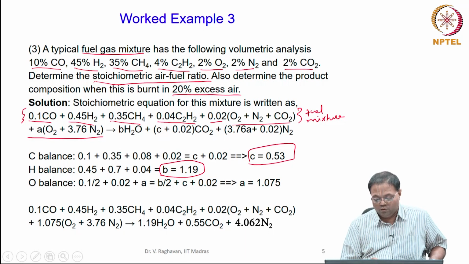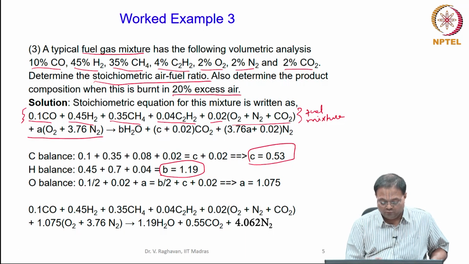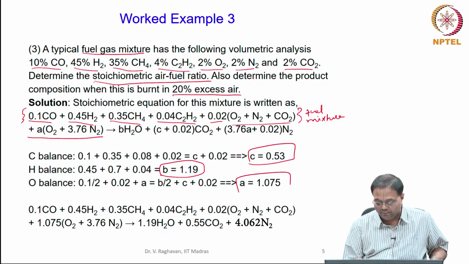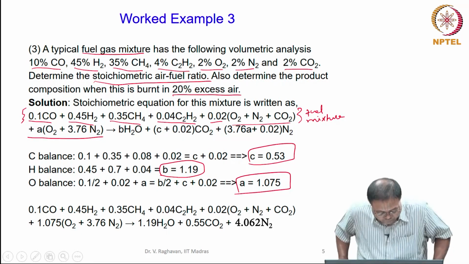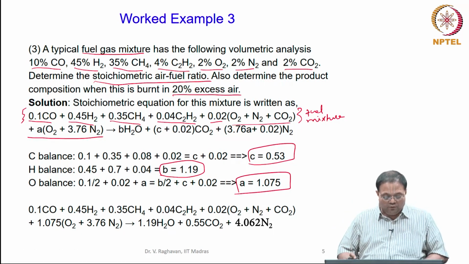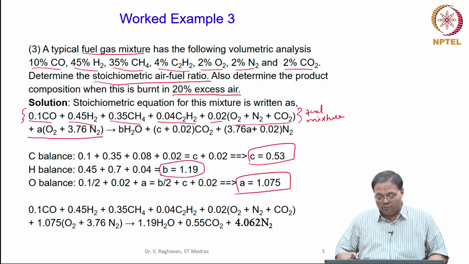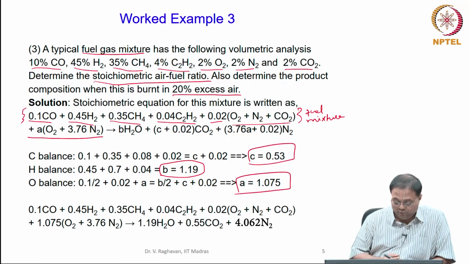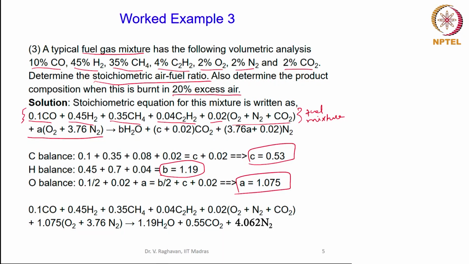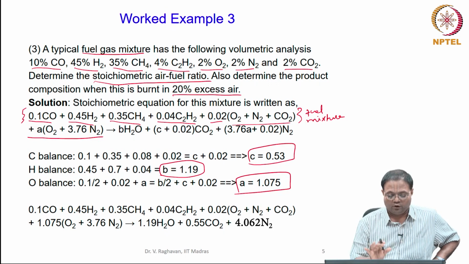Since you know the B and C values from the C and H balances, you can calculate A. So that will be the stoichiometric reaction: 0.1 CO plus 0.45 H2 plus 0.35 CH4 plus 0.04 C2H2 plus 0.02 O2 plus N2 plus CO2 plus oxidizer 1.075 O2 plus 3.76 N2 gives products 1.19 water vapor, 0.55 carbon dioxide and 4.062 nitrogen. So this is the stoichiometric equation.